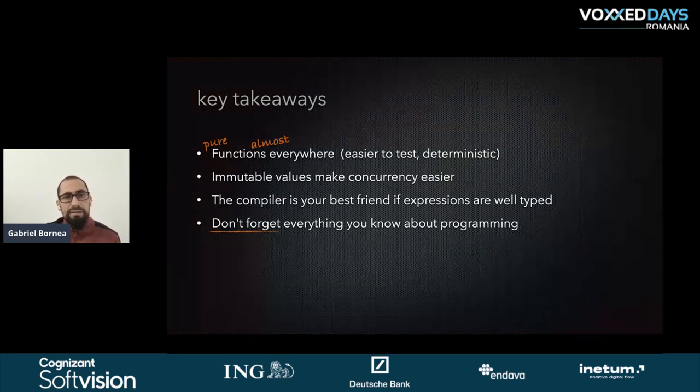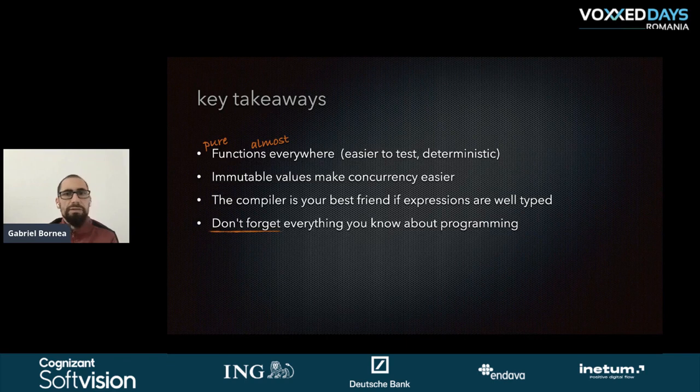Immutable values make concurrency easier, which is very cool because concurrency is a difficult topic, and the more help we get on that, the better. The compiler is your best friend if your exceptions are well typed. So try to create types, try to use smart constructors, and your domain will be much safer. And also don't forget everything you know about programming.